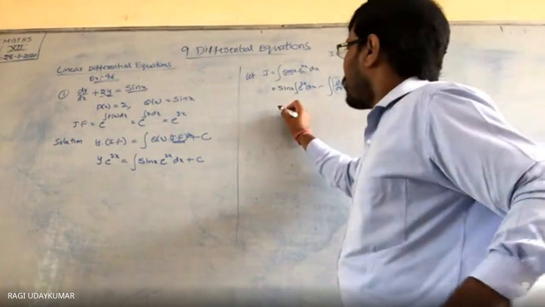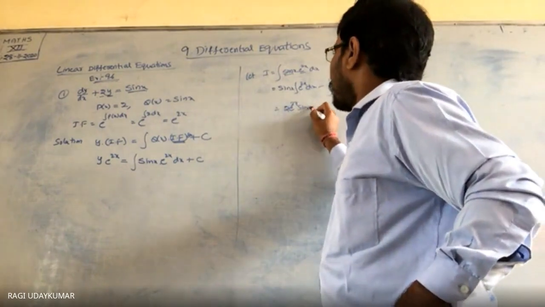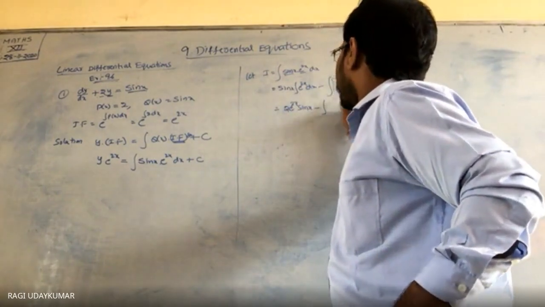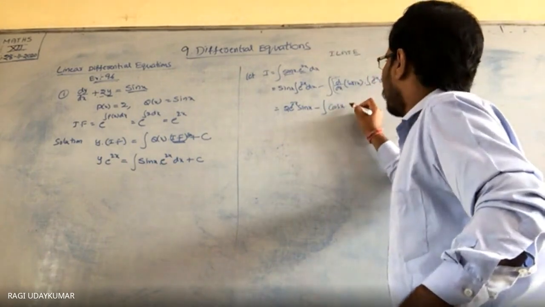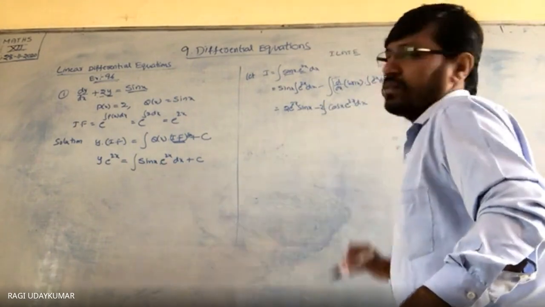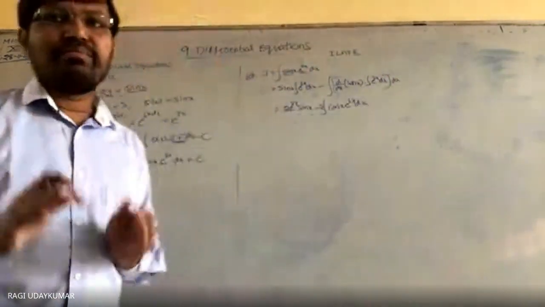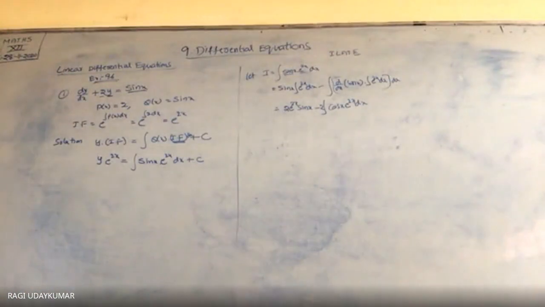So इसको simplify कर लो. ये 2e power 2x sin x minus integration of this, you are going to get cos x and again 2 here I am writing e power 2x dx. इसको भी by parts apply करना है. So actually you are having a one method directly you can take into consideration here.